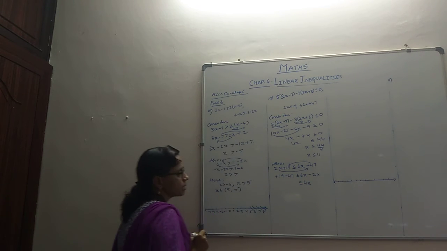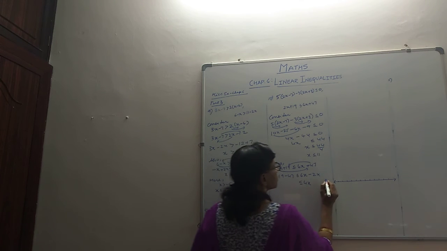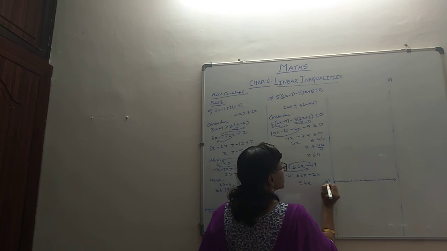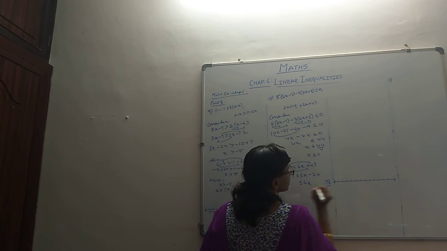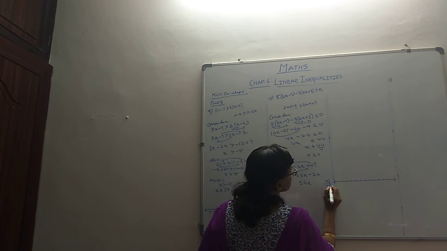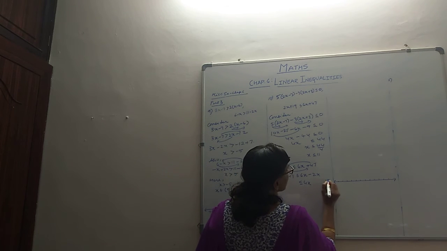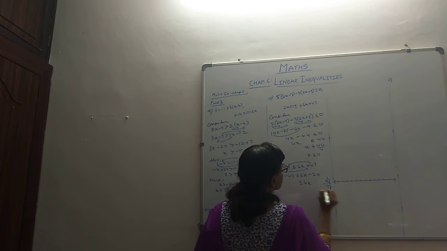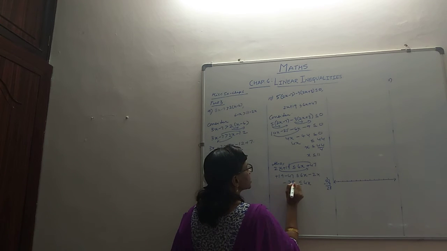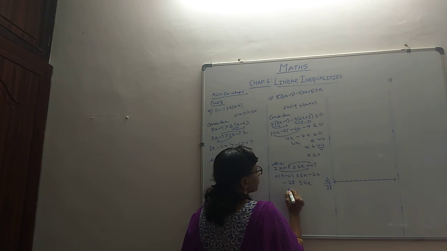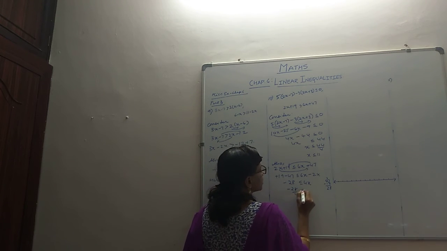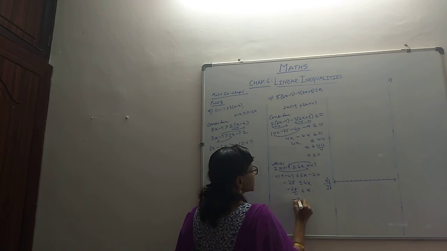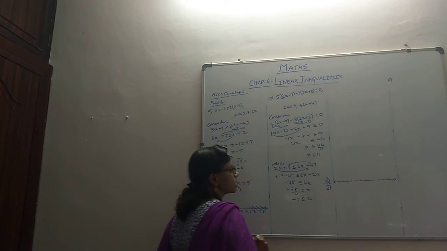And 47 minus 19, we'll have to work out. 47 and 19, it should be 28. So you have minus 28. So when you divide by 4, it's minus 7 less than or equal to x.